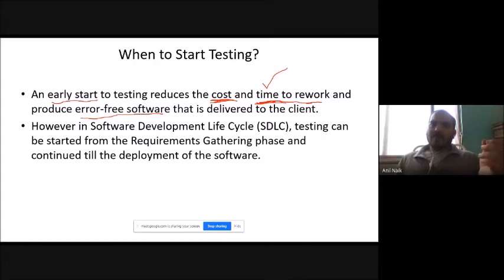So the end users may blame such a software, if they are getting any errors at the client side, or if any features are not working, so the blame is on the organization. That will affect the company's reputation. So an early start to testing reduces the cost and time to rework and produces error-free software that is delivered to the client.